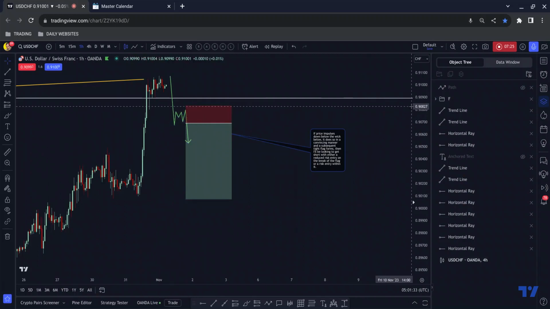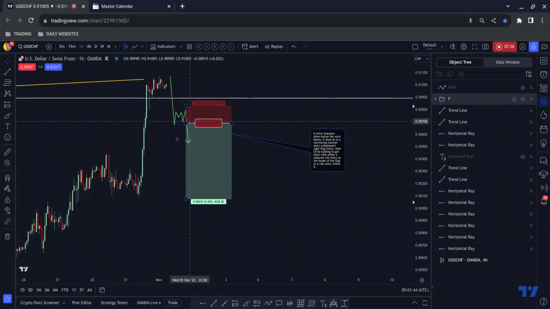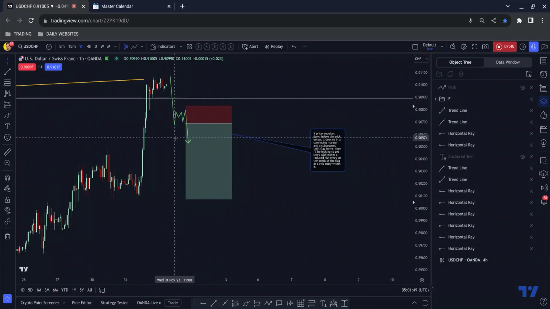So what I've done is I've put an alert just above this wick here. If we push down to that area, then I will set a Google Calendar reminder to remind me, because of course we don't often know where the flag will occur. It may occur here, it may occur slightly lower down.